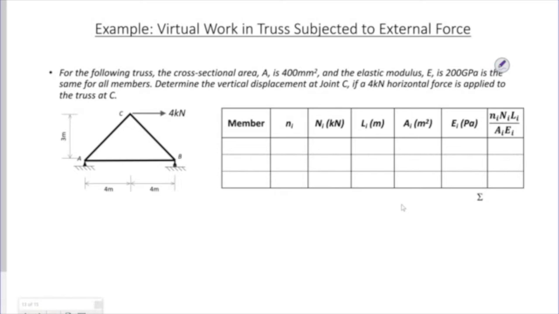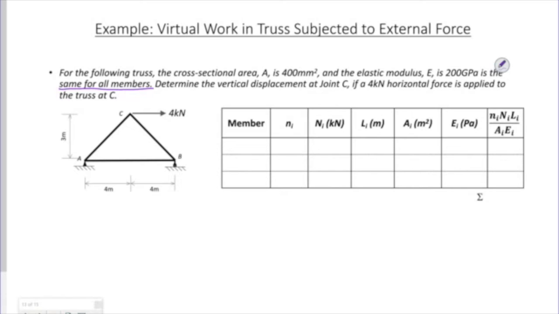So we have a truss, and we have a cross-sectional area and elastic modulus that's the same for all your members, so we don't have to worry about that varying.